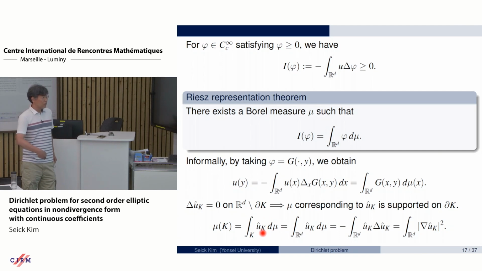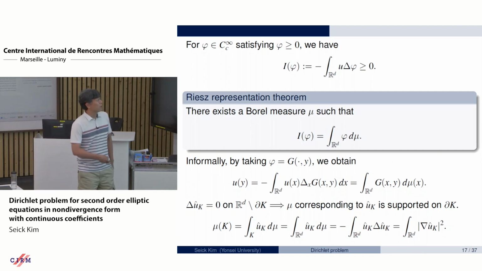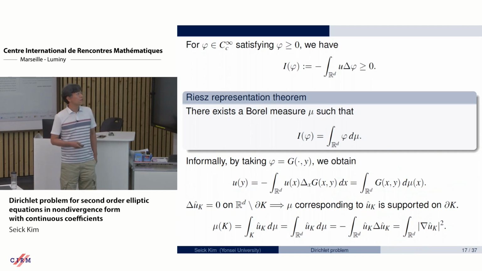Because you can extend this to the entire set, since v is just supported on this boundary of K, all right? And then this one, you can just pretend that you can put the u_K here. Then you're going to have that. And you can pretend that you can do the integration by parts again. You end up with this, okay? All right, okay. So that's one thing I wanted to share.